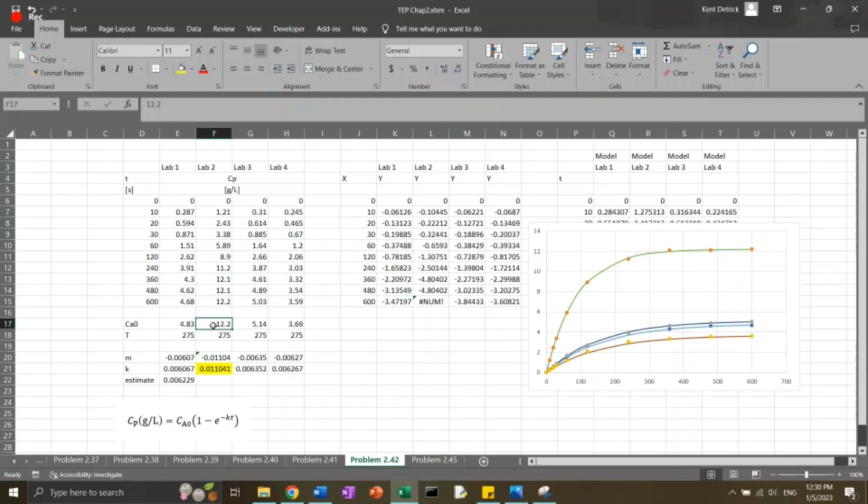So maybe that was an accident, and their initial concentration was actually significantly different. Maybe they didn't have their temperature correct. They said that their temperature was at 275. What if their thermocouple was broken and it was actually at a different temperature?